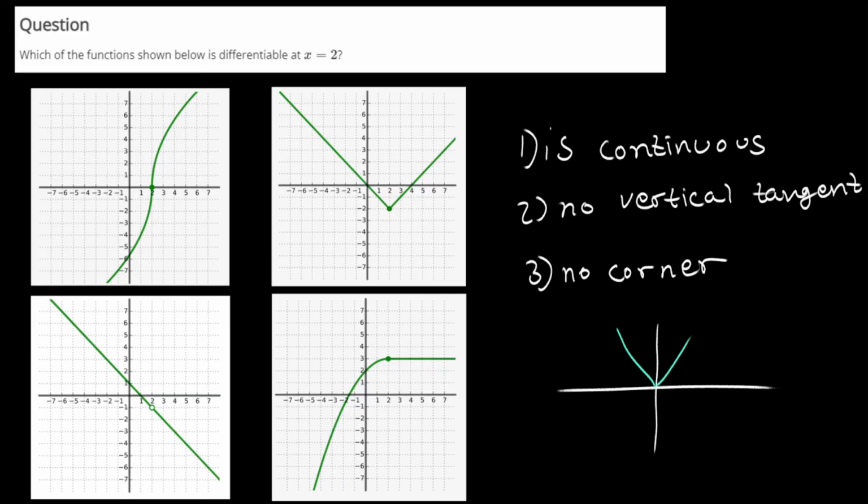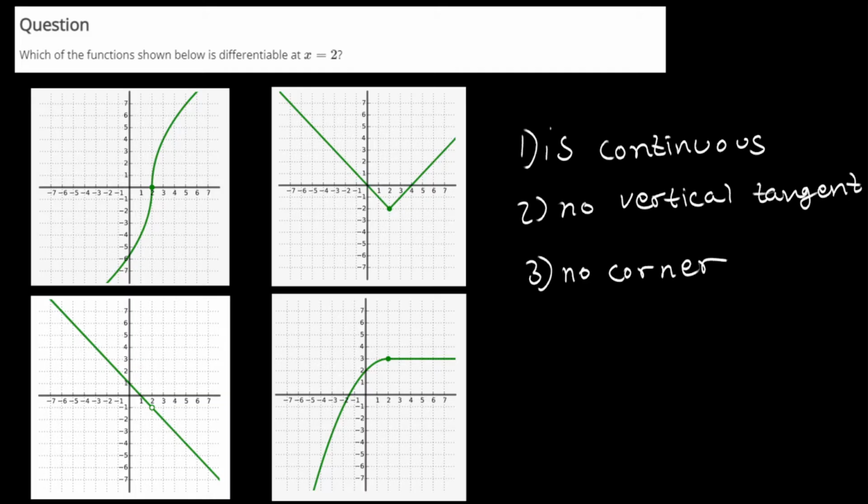That right there, my friends, is a corner. So we want to avoid these at all costs, avoid a vertical tangent at all costs, and we want to make sure it's continuous. And then that's how we know it's differentiable. So let's run through our graphs and see which ones are differentiable and which ones are not.